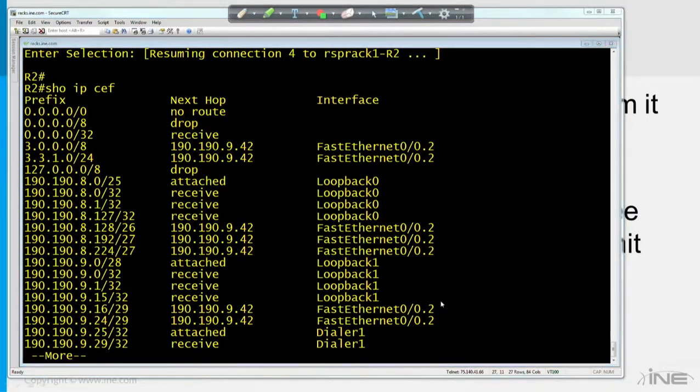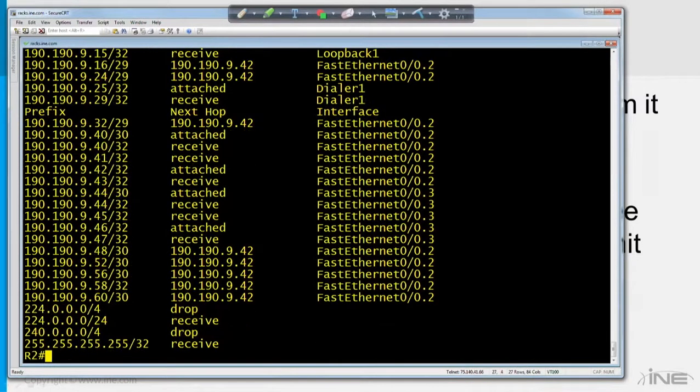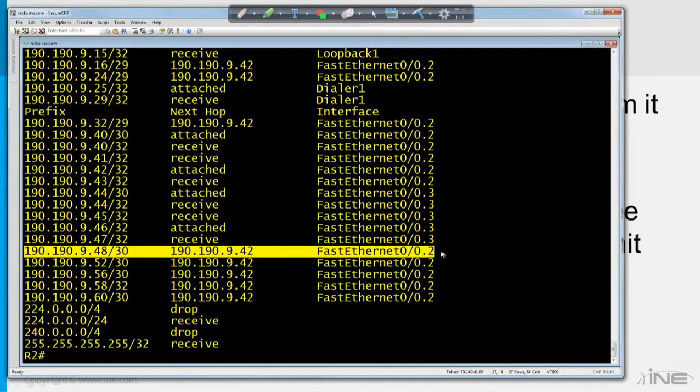And we're being told to look for subnet C and E, and on my table here, C is 9.40, there it is. There's the information for it. And E is 9.48, and that's right there. So show ip cef shows us the contents of the forwarding information base, the FIB.